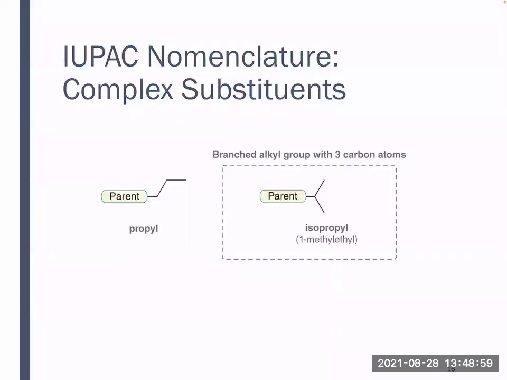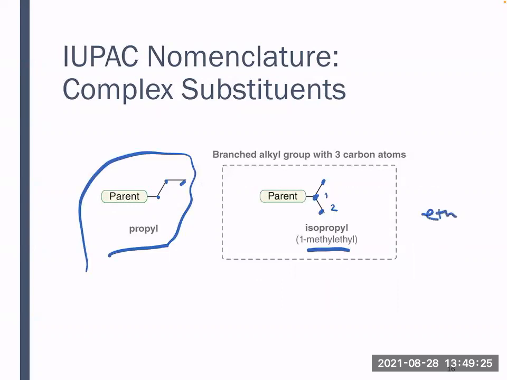Here's some more examples of some complex substituents. Here, this is a propyl group, right? I have 3 carbons, but if I have 3 carbons attached to a parent chain like this, I could name it 1-methylethyl, right? So here I have 1, 2. So that's where I get the ethyl from.